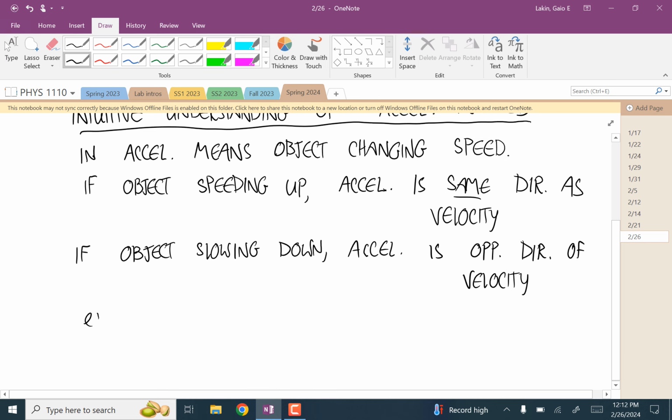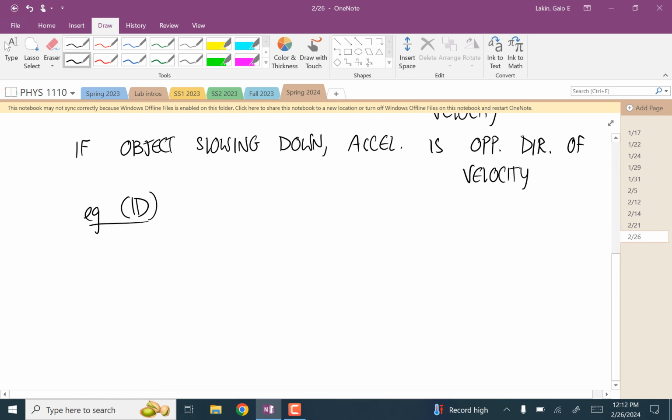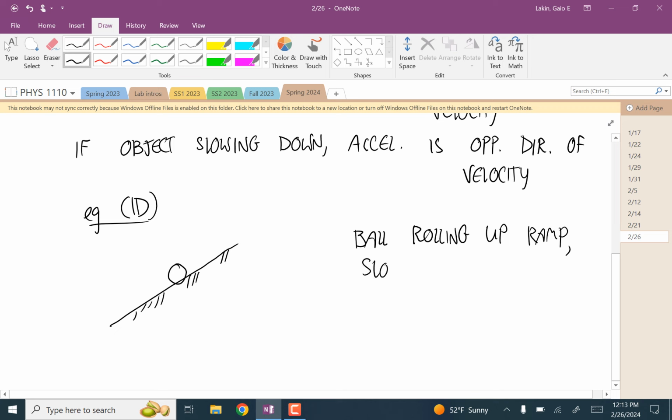Okay, so for example, in 1D, if you have an object on a ramp, and this ball is rolling up the ramp and slowing down, then the velocity is the direction of motion.